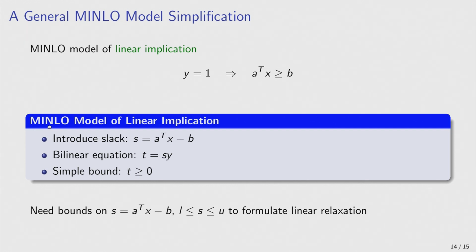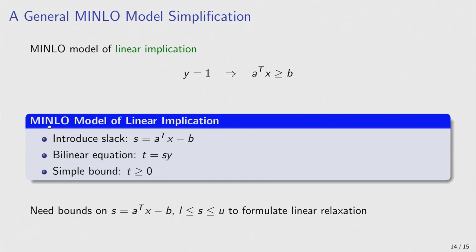So this is a general trick that we can use if we want to model this implication. We have some linear expression and we have the implication y is equal to 1 implies a linear expression. Then the model of this would be to introduce a slack variable for the linear expression and have a bilinear equation that says t equals s times y, and a bound on s. So if you put all this back together, what does this do? T is then s times y, where y is my binary variable, and I want t to be greater or equal to 0.